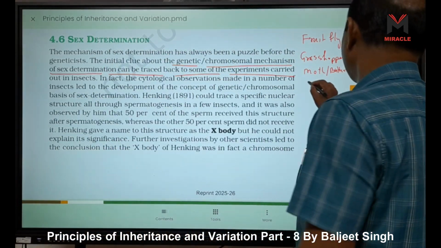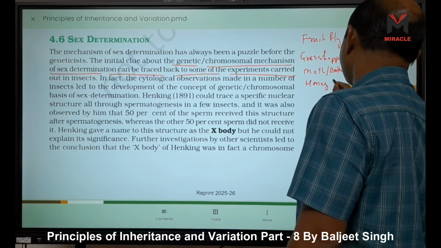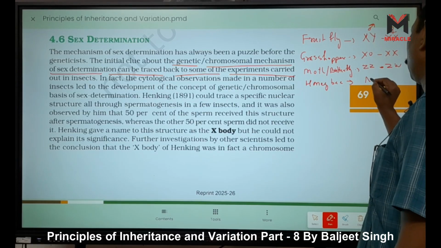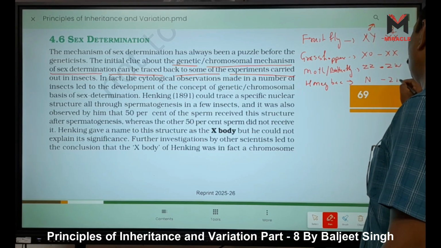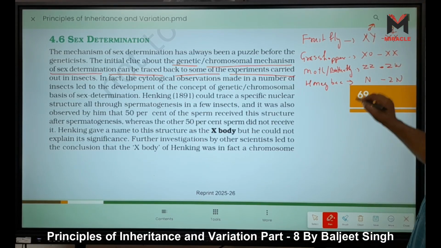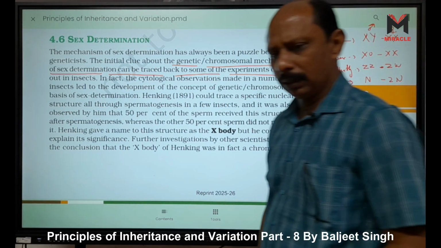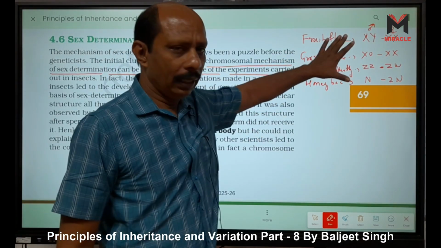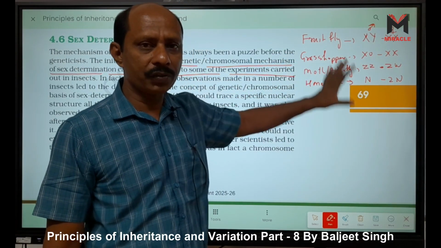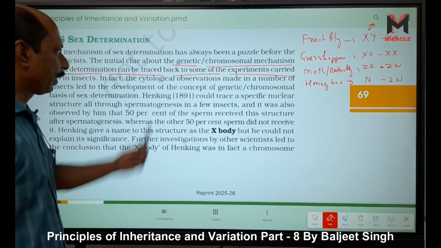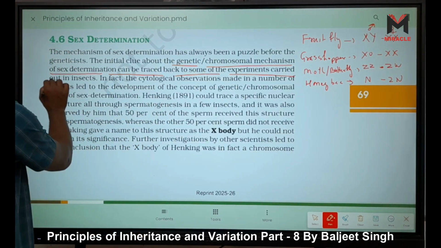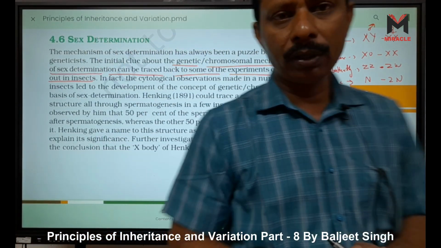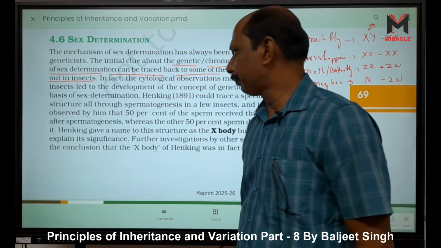And when we see the honeybee, we understand here N for male and 2N for female, meaning haploid and diploid condition, right? In this way, because different types of sex determination are present in insects, insects are the best experimental organisms for sex determination, right?